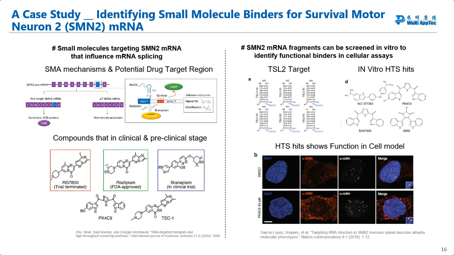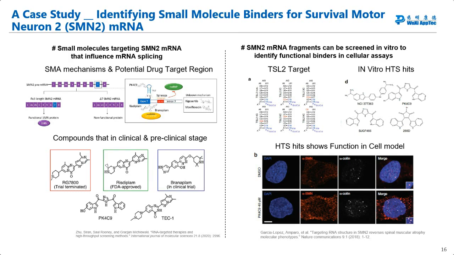Several compounds have been identified as effective SMN2 exon 7 splicing regulators, mainly through splicing reporter phenotypic screenings. The famous compound risdiplam has been approved by the FDA to treat SMA and binds directly to SMN2 exon 7.